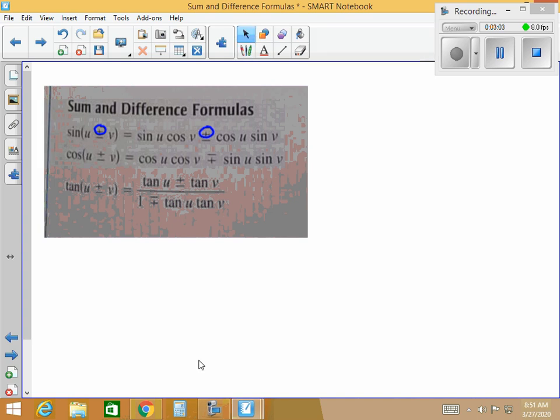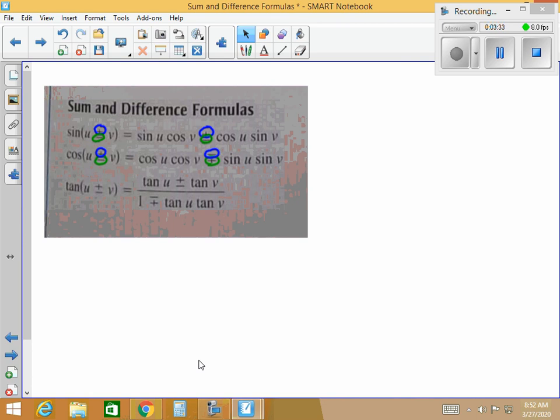If I wanted the sine of u minus v, that's the bottom symbol here. Same thing, if I have cosine of u minus v, the bottom symbol there is a plus sign. And the plus sign up here goes with the minus sign over there. It would be the same thing with the tangents down below.